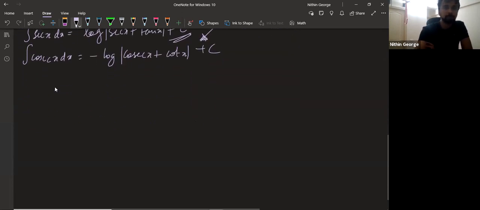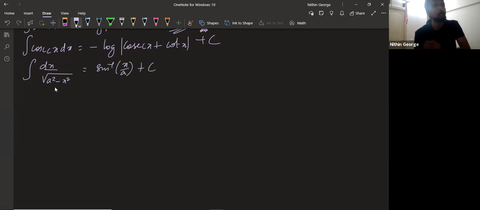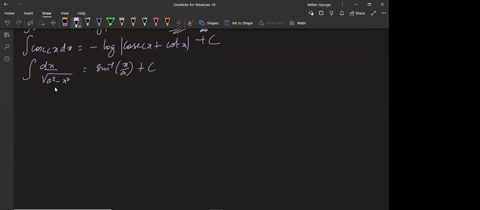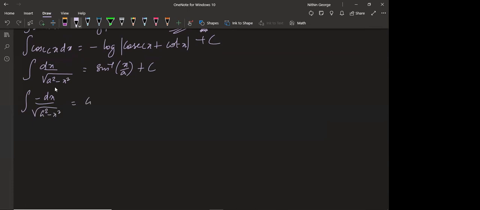Then, what else do we have? Yep, the long formulas are on the way. dx by root a square minus x square. What does this come out to? Sin inverse x by a, right? You have done this formula before? Yes, sir. Okay, then minus dx by root a square minus x square is equal to cos inverse x by a.